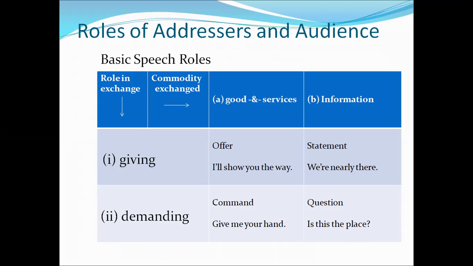In case of demanding goods and services, you can say, for example, give me your hand. And in case of a question, you can ask in this way. Converting the fundamental things of communication linguistically, you can categorize in this way.